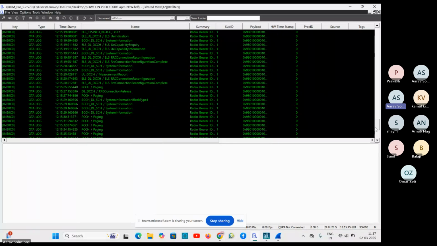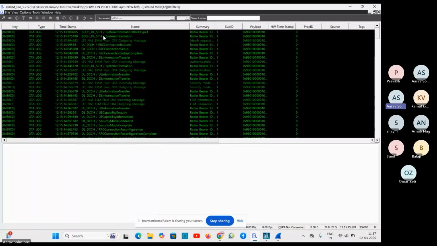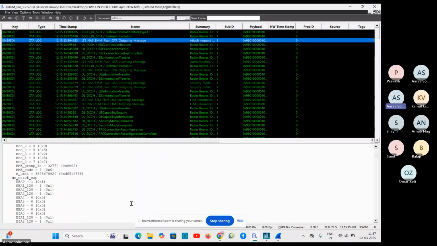Two Qualcomm tools we have, QXDM and QCAT. Here also you can see above we have all these messages.